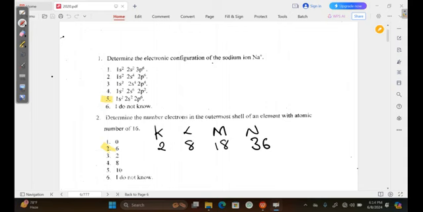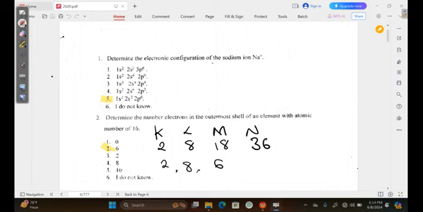So for an atom with 16 as its atomic number, we're going to have 2, 8. So we've already used up 10 because 2 plus 8 is 10. So meaning we're remaining with 6 from 16. So this shell here is able to hold up to 18 electrons. So meaning that our 6 can still be in there.